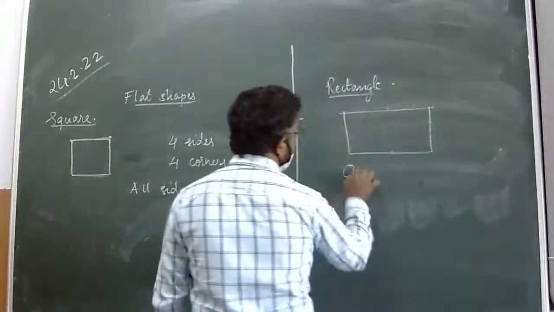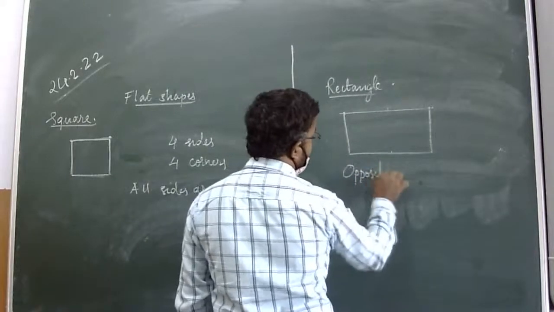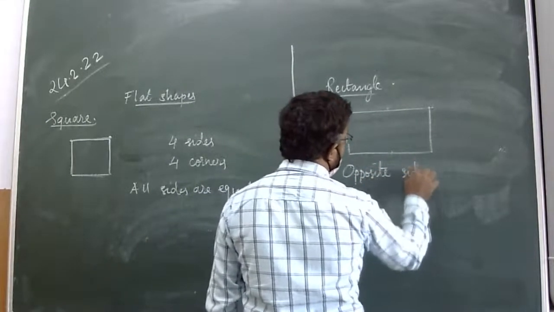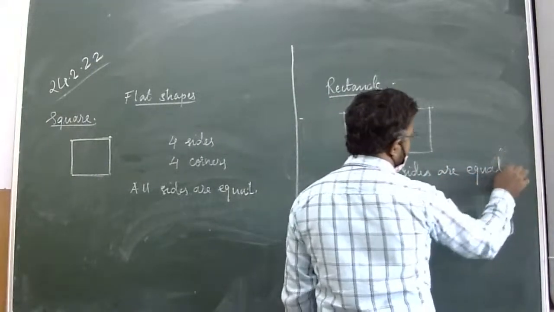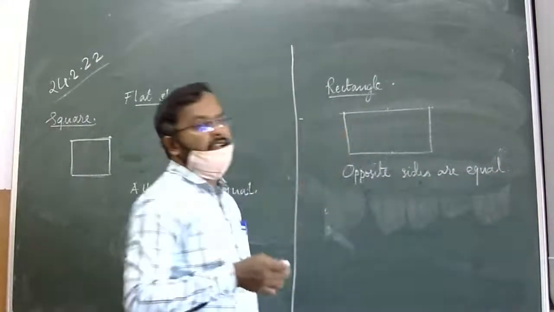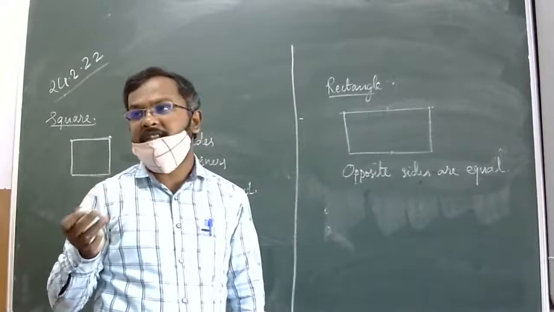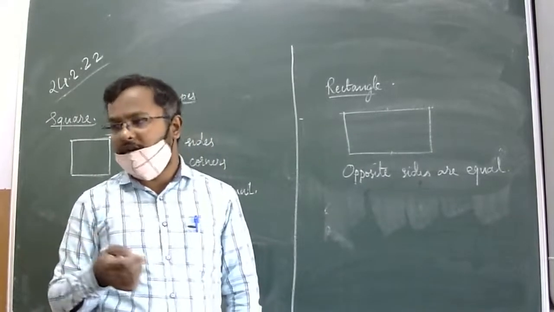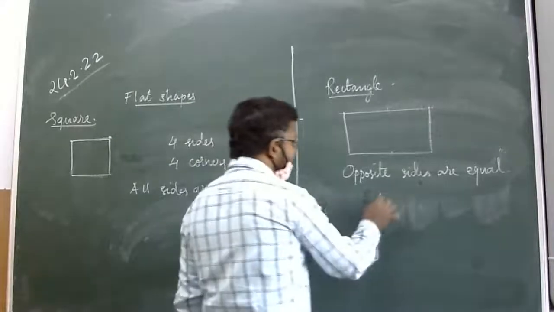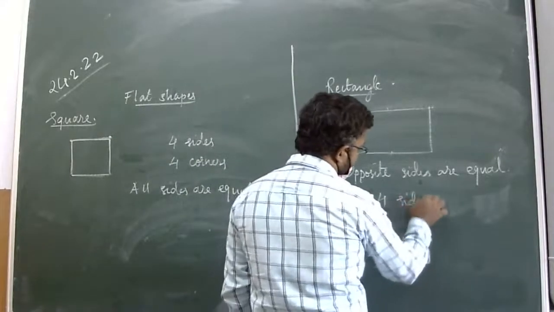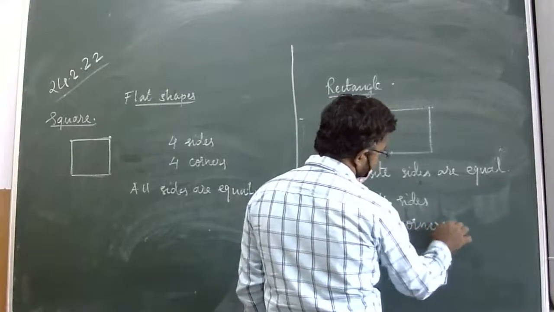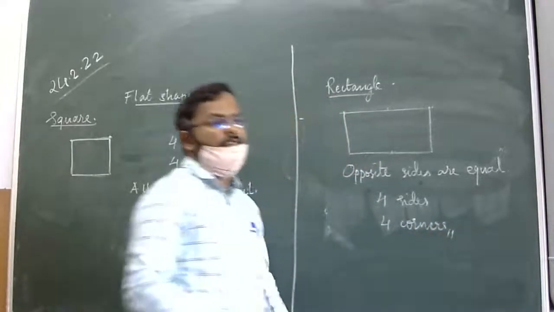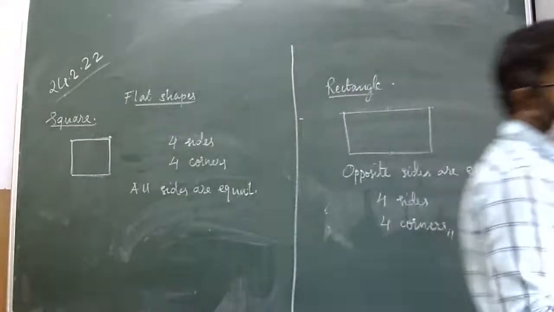So here opposite sides are equal. Now again, in rectangle we have four sides and four corners. Here also we have four sides and it has four corners. It is all in the textbook.